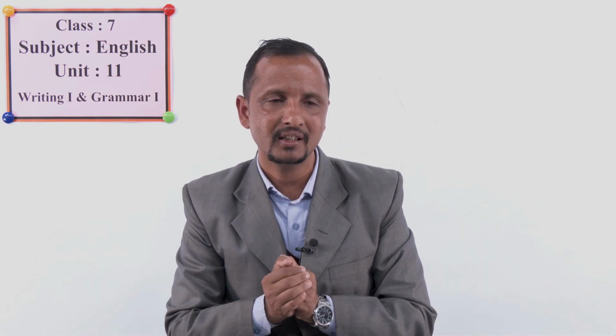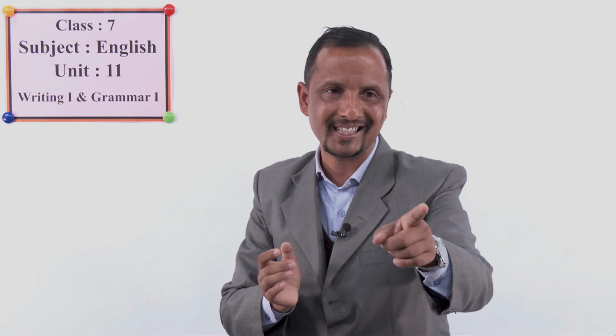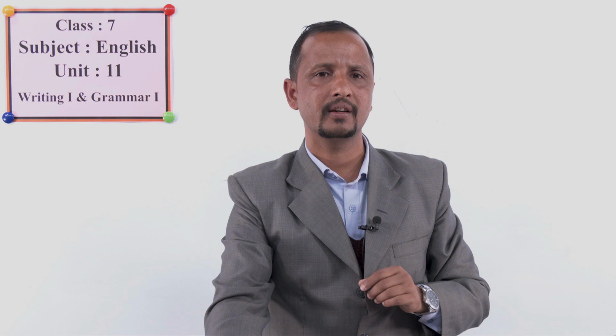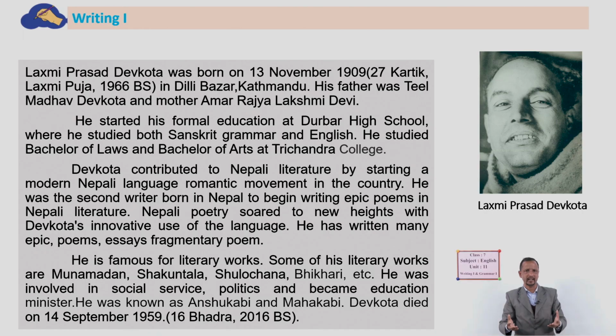Could you go through the text once again? Where is the name? Where is the date of birth? Where is the place? How is the sequence? How are the points included? That could be a layout.